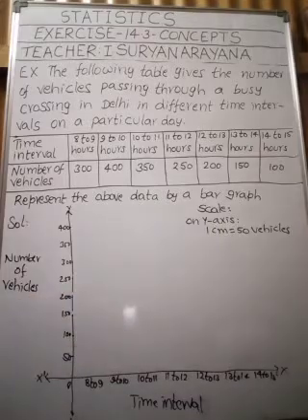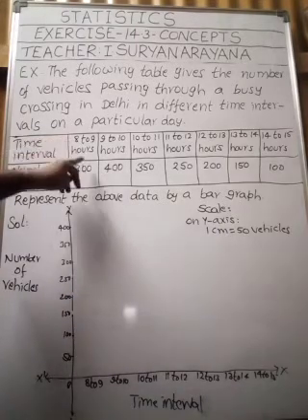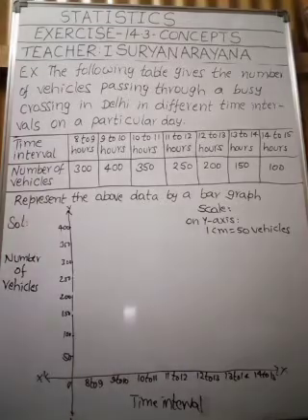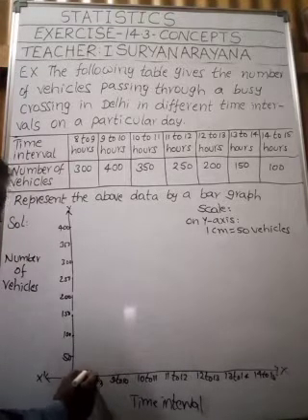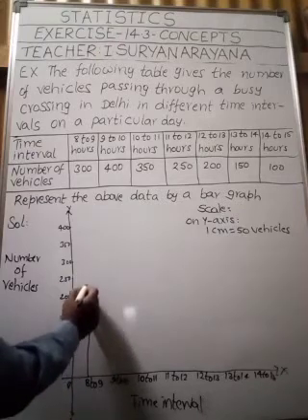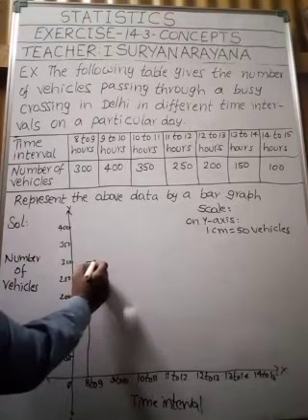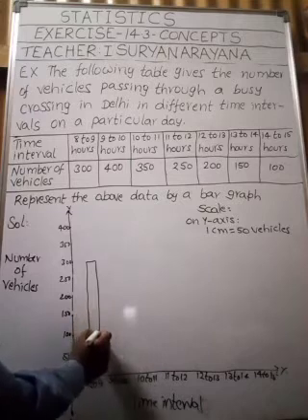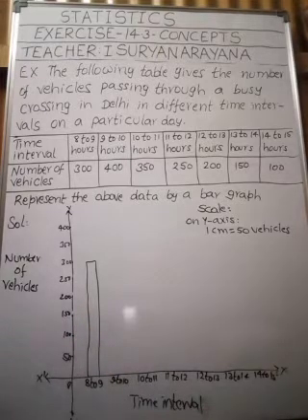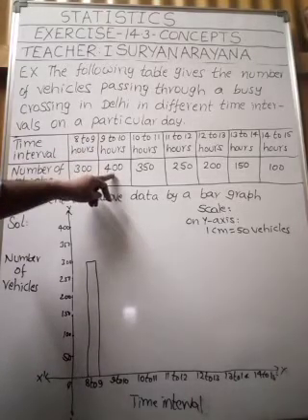Right. See this first one, 8 to 9 hours. How many vehicles? 300. So we have to draw a bar. With uniform width, we have to draw the bars. 9 to 10 hours, 400.